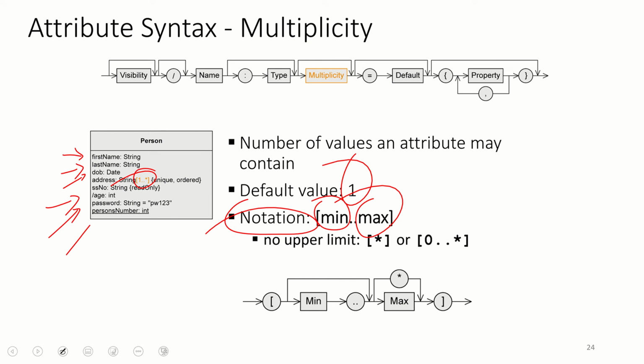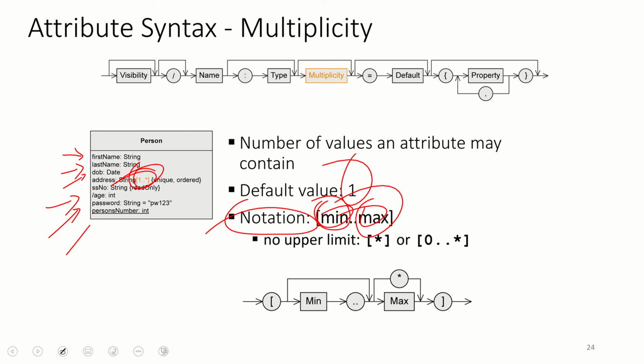If you try to customize this multiplicity, you can give those things over here, like a minimum and a maximum. Using the minimum and the maximum helps the developer to identify the requirement that comes from the customer, because the person may have multiple addresses.